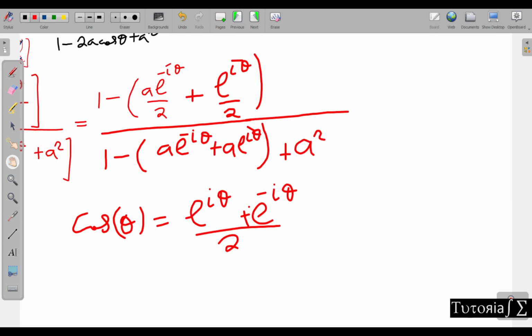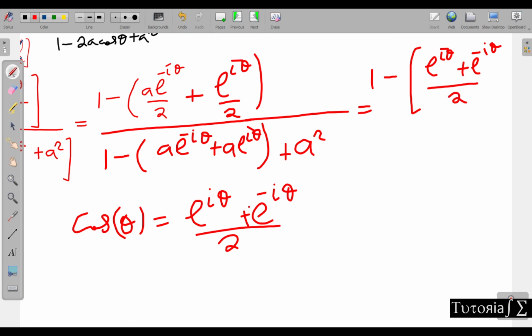So now, meaning that we were to rearrange this, we start with the positive and the negative. The common denominator here is 2, so we're going to have 1 minus, in brackets, e to the I theta plus e to the negative I theta all over 2.